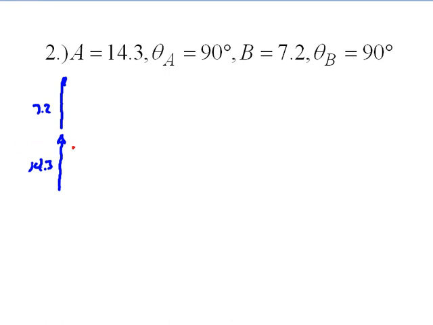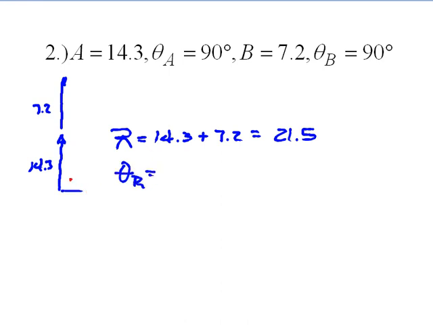So we don't really have any horizontal components to add, but we can add the vertical components. So our R will equal 14.3 plus 7.2, which equals 21.5, and our angle is 90 degrees.